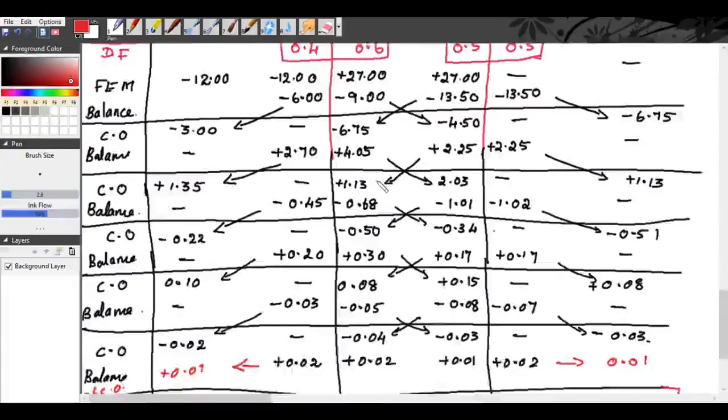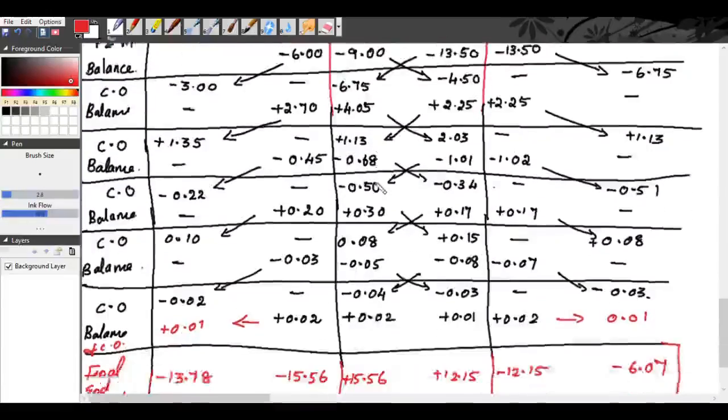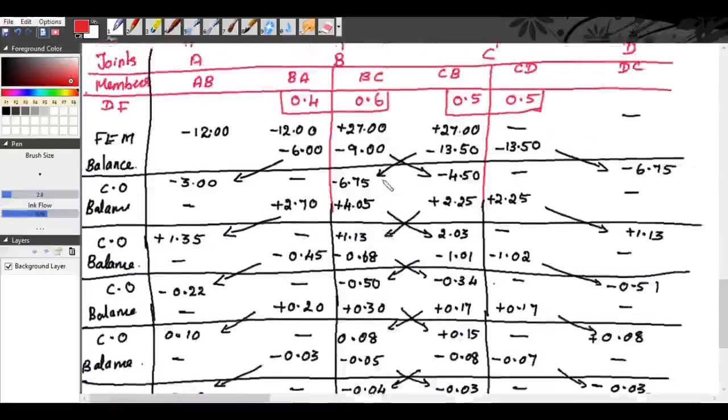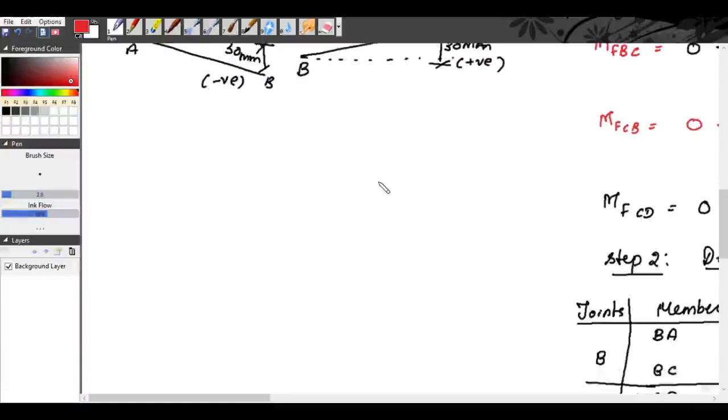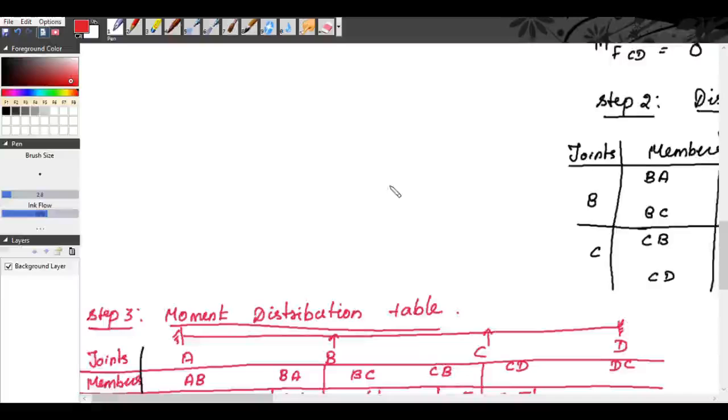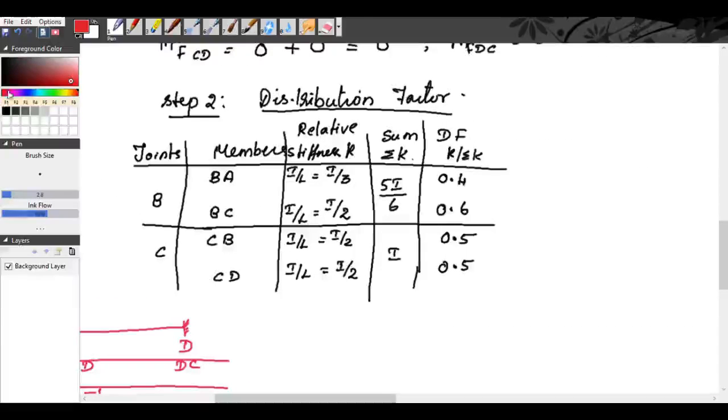So step 4, we will write the final end moments. Step 4, the final end moments.